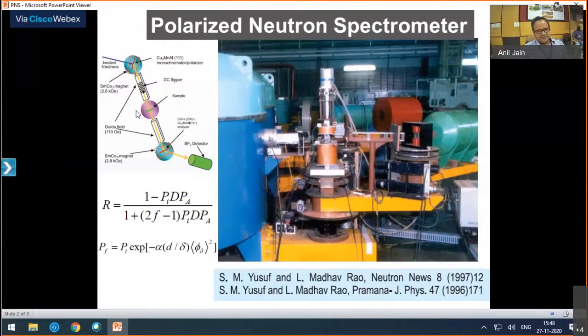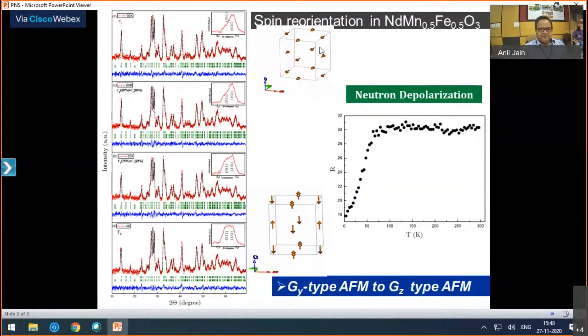So let me give you a small example. In the example which we were discussing, NdFeMnO3, there is a spin reorientation where the magnetic structure changes from the GY type antiferromagnet to the GZ type antiferromagnet when you come from 90 K to 4 K. In this process you develop a ferromagnetic component, and you can see it by doing this neutron depolarization measurement.